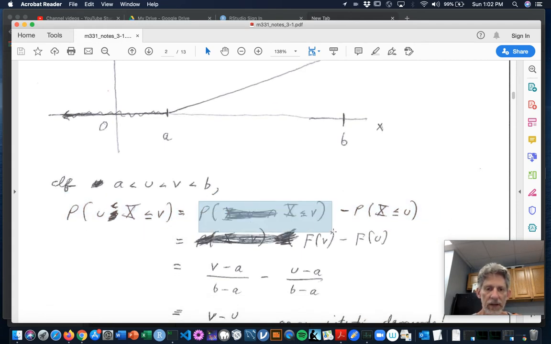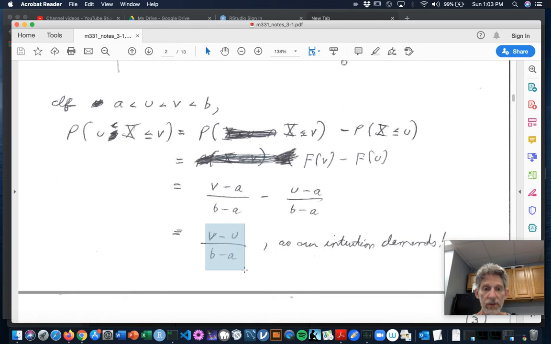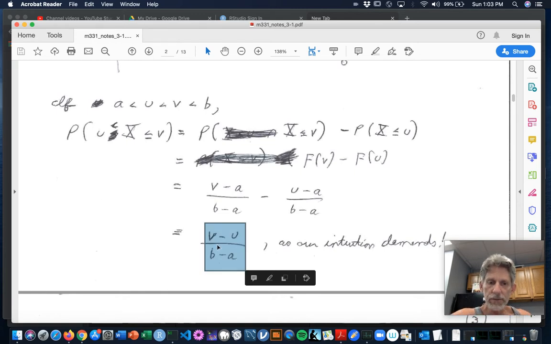Now, by definition, this is what we propose that capital F of v ought to be, and this is what we propose capital F of u ought to be. Here's what capital F of v is defined as. Here's what capital F of u is defined as. And that simplifies out to what our intuition does demand.